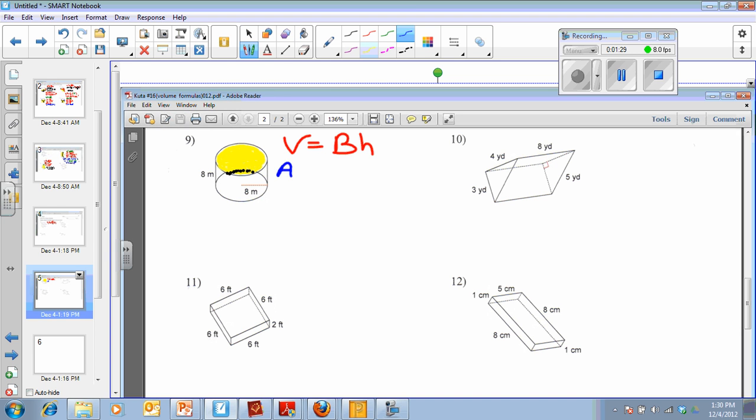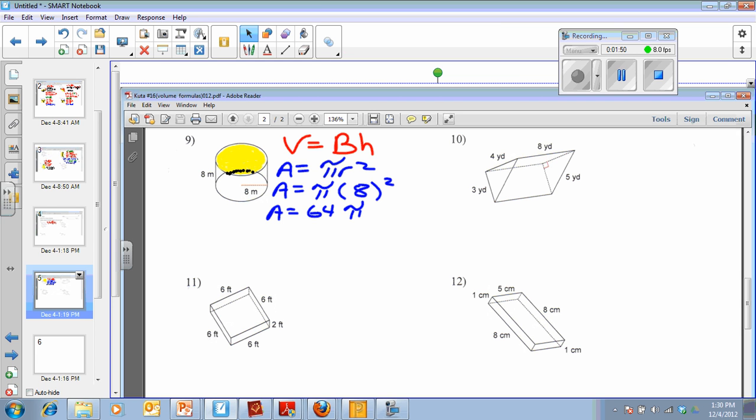Well, it's a circle, so my area formula for a circle is pi r squared. And if I just substitute, it's going to be pi times my radius squared. Well, it tells me my radius is 8, so I need to do 8 squared. So the area is going to be 64 times pi. And I'm going to get out my calculator and do 64 times pi.